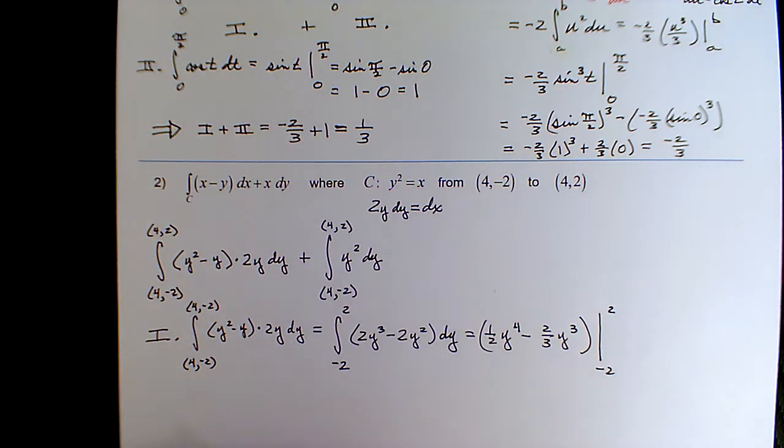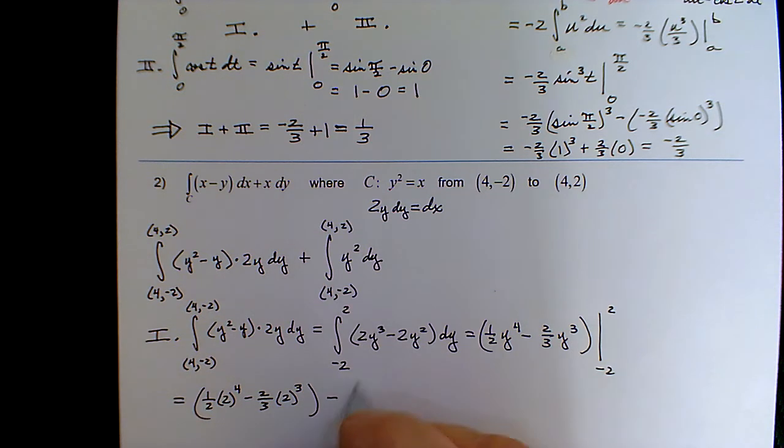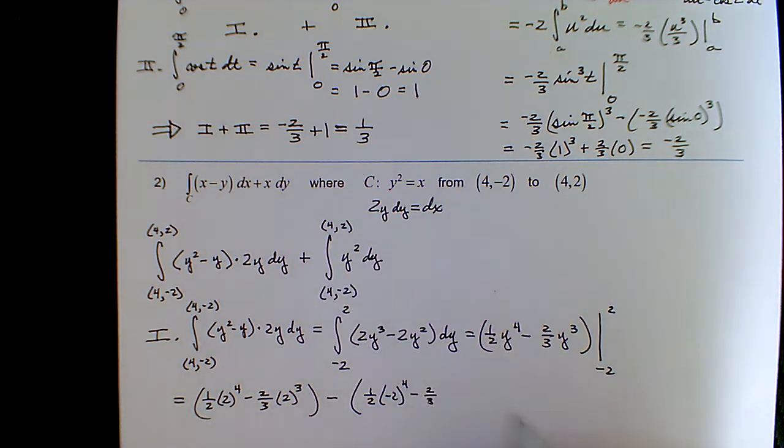Okay, so now by the fundamental theorem of calculus, upper limit goes in, so 1/2 times 2 to the 4th, minus 2/3 times 2 cubed, and then from that subtract the lower limit goes in, so 1/2 times -2 to the 4th, minus 2/3 times negative 2 cubed.